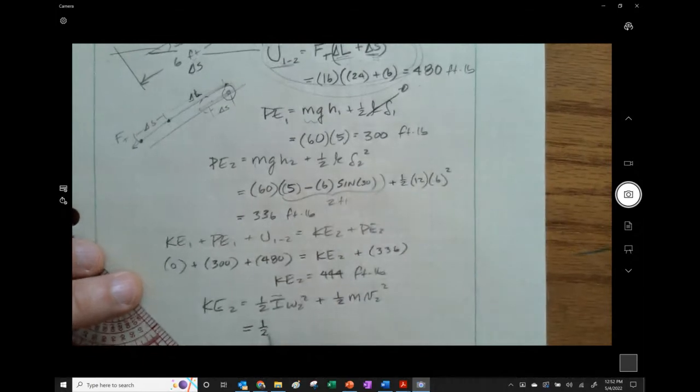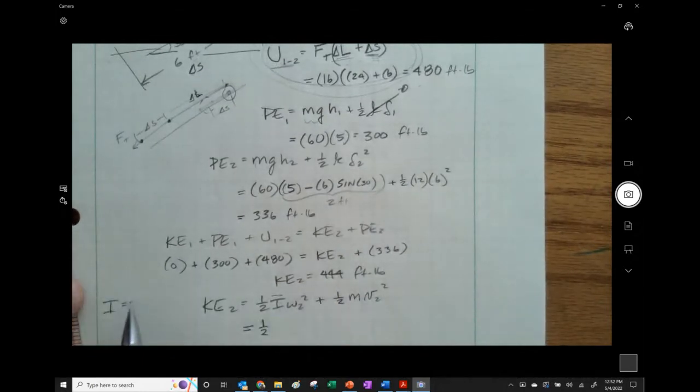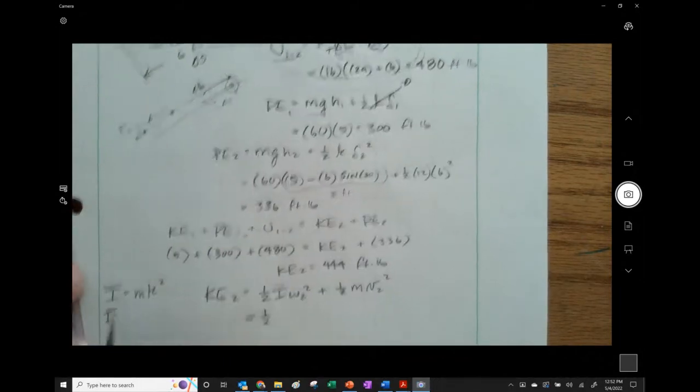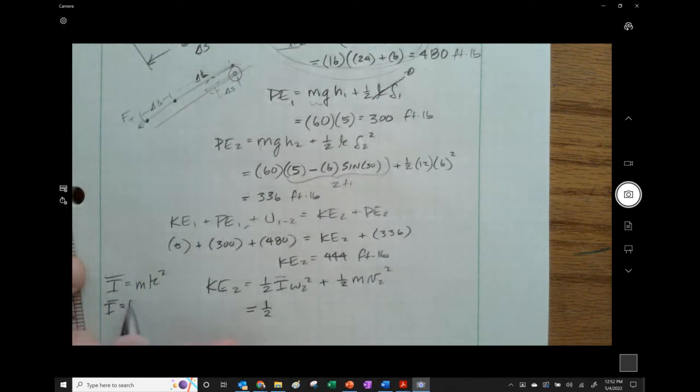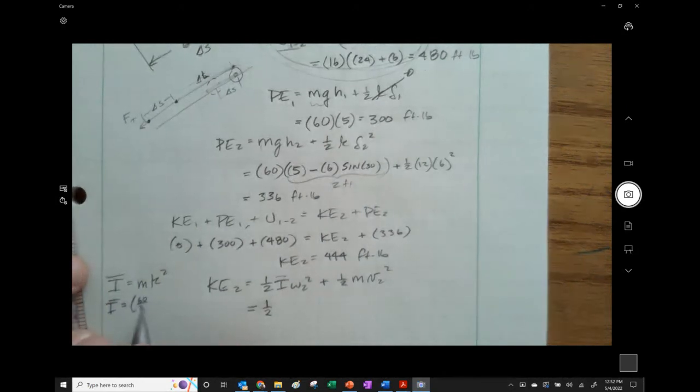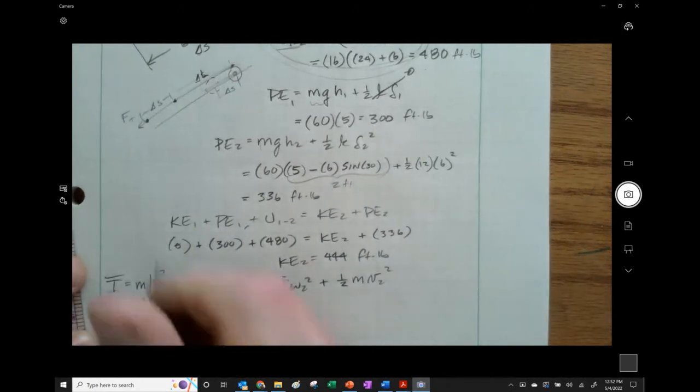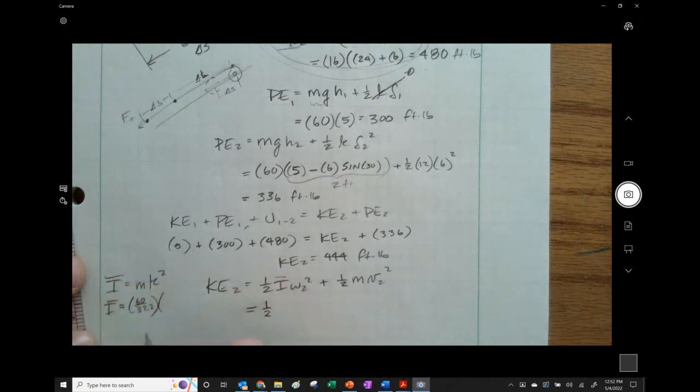But let's see, we need I. We got the radius of gyration. I like to go M first. Sorry, radius of gyration was given. So we had 60 divided by 32.2, and radius of gyration, I believe, was 8.